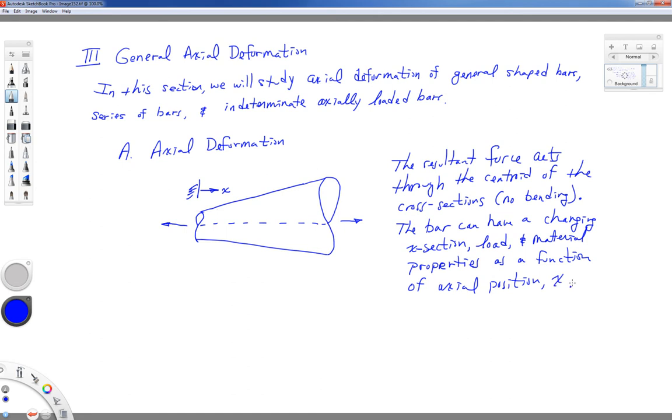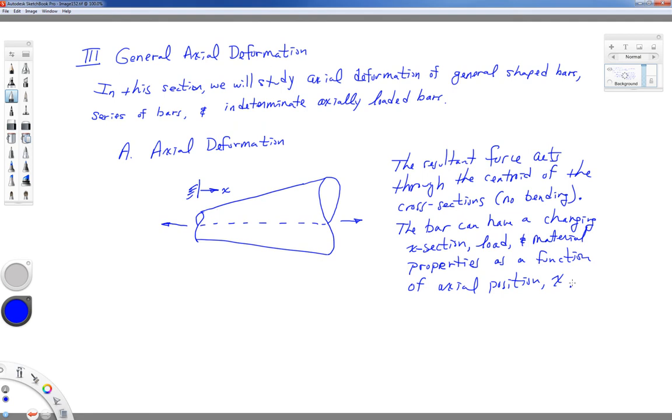All right. Now, because the bar has this taper to it, and the material properties can change and so forth, what we can end up with is what's called a non-uniform strain distribution in the bar. If you think about it, on the left, where the cross-section is not as big as it is on the right, material on the left can stretch out more easily than the material on the right.